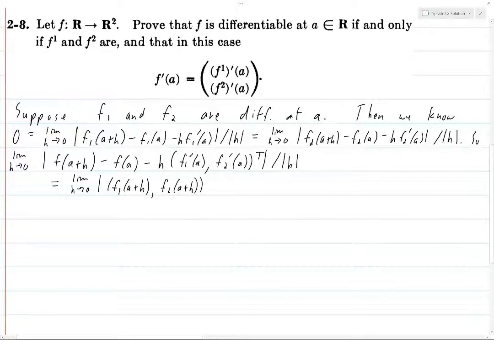And of course, this vector needs to be transposed, minus f1 of a, f2 of a, transpose. And then we keep this thing. So we can bring this h to the inside if we want. Doesn't really matter.